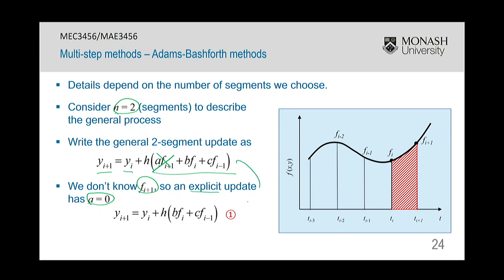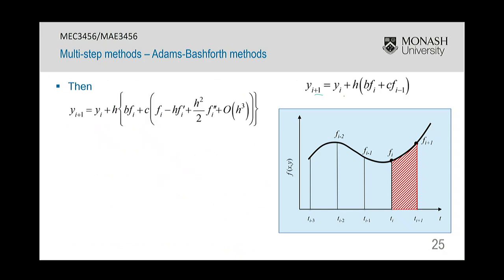So we can rewrite this as yi plus 1 equals yi plus h times b f i plus c f i minus 1. Let's expand the right-hand side of equation 1 in a Taylor series about the time ti. Okay, so we've just written that equation there. Expanding out in a Taylor series, obviously the b f i term stays the same. The c f i minus 1 in the Taylor series looks like that.